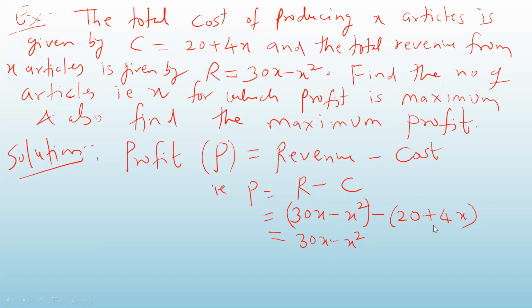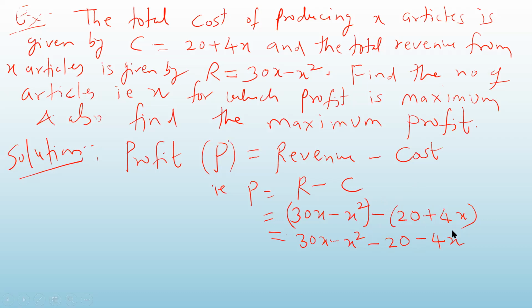If outside the bracket there is a minus sign, what happens? The sign of every term in the bracket changes because you are multiplying by minus, right? So 20 has a plus sign, it will become minus. So minus 20 minus 4x. Because this sign will become minus, and even this plus sign will also become minus. Many students make this mistake.